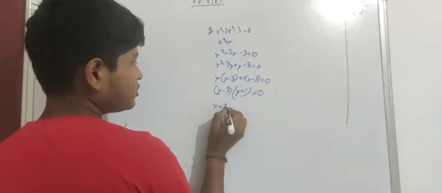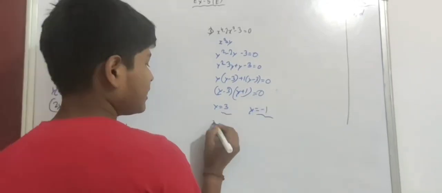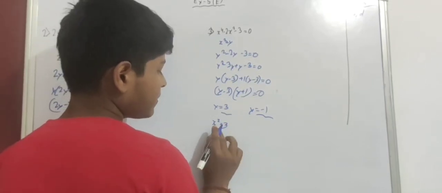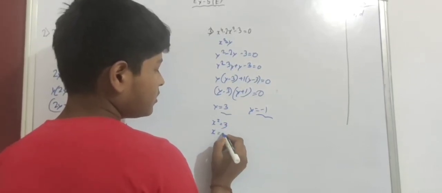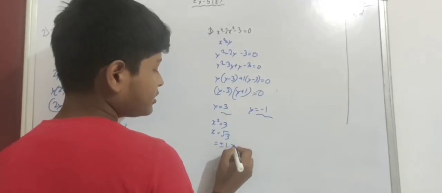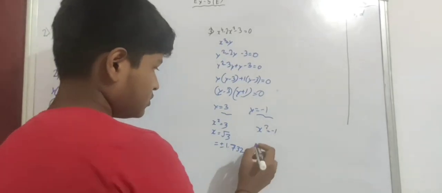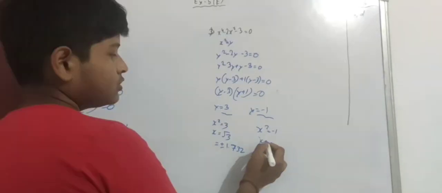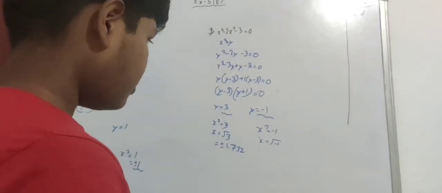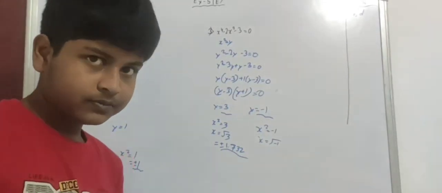So we have y is equals to 3 and y is equals to minus 1. x square is equals to 3 and x is equals to under root 3 is equals to plus minus 1.732, and here x square is equals to minus 1. So x is equals to under root minus 1, and a negative root is not possible. So your ultimate answer is plus minus 1.732.